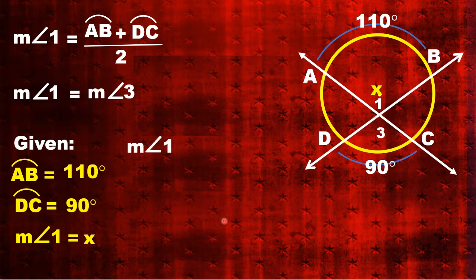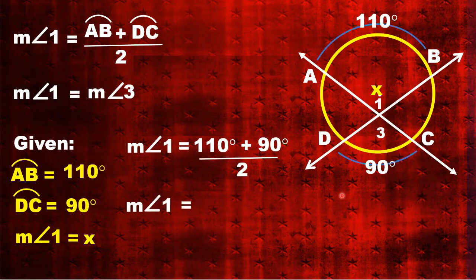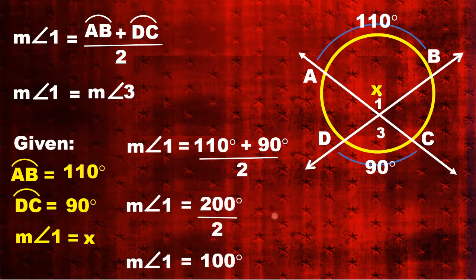To get angle 1, i-add natin yung arc AB, which is 110, plus arc DC, which is 90 degrees, divided by 2. Therefore, angle 1 is equal to 110 plus 90 is 200 divided by 2, and that is equal to 100 degrees. Therefore, angle 1 is 100 degrees.